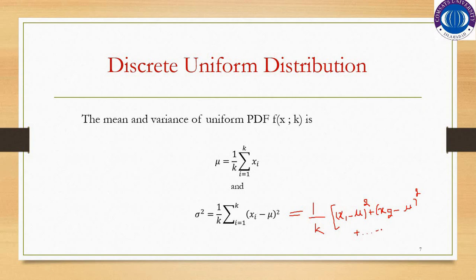It would be equal to xk minus mu whole square.